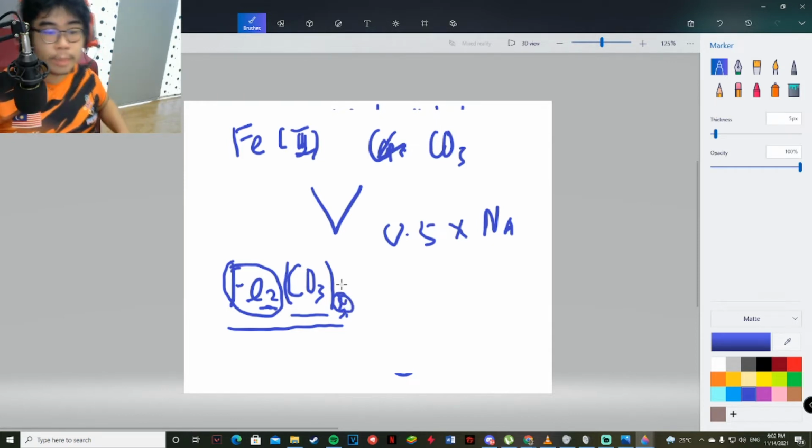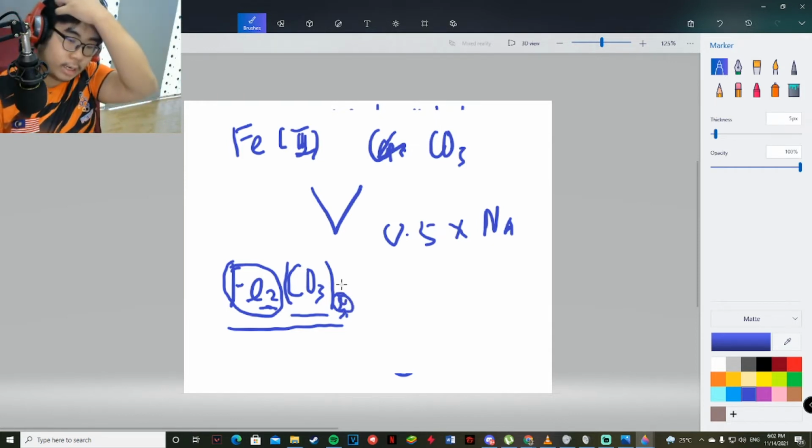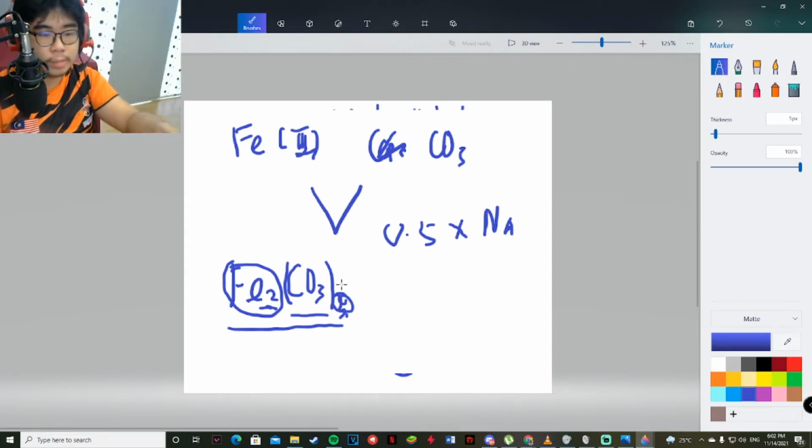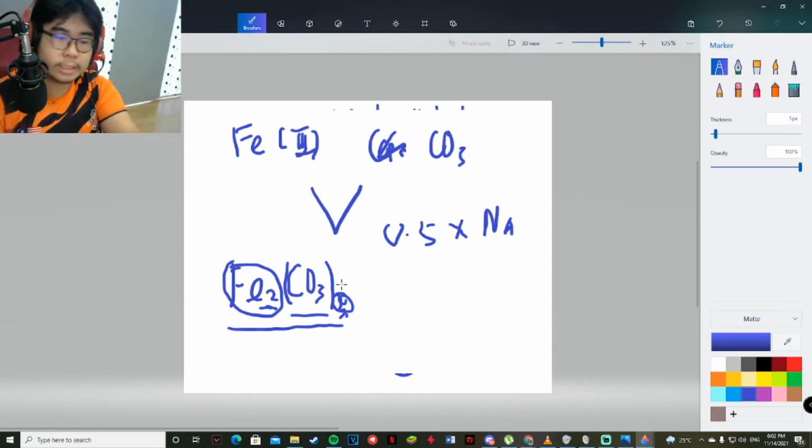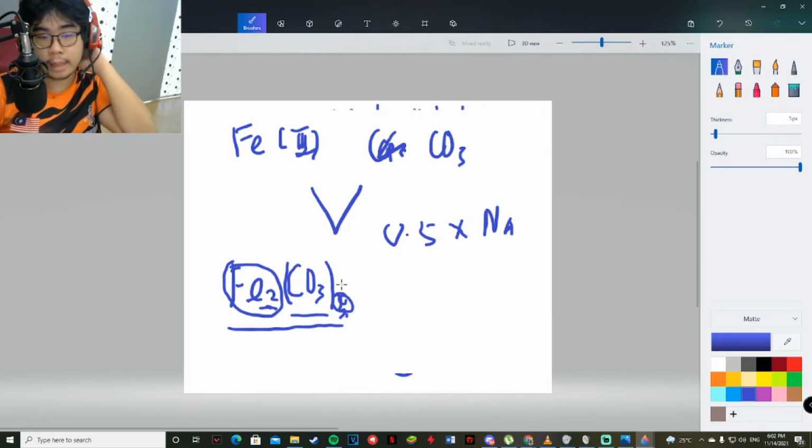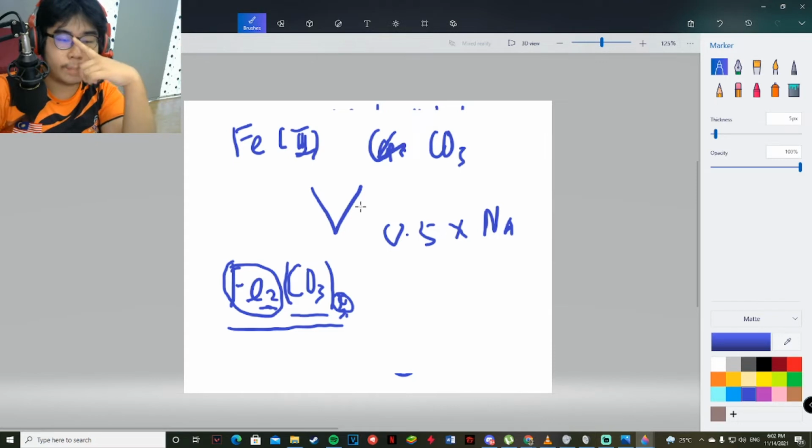Together this is quite a lot of atoms, and together it is called an ion. There are many types of complex ions. You just need to combine them together, calculate the number, and multiply by the Avogadro number, then you get at the end of the day the number of particles that the question wants.